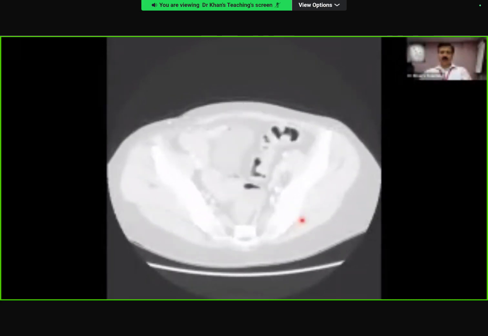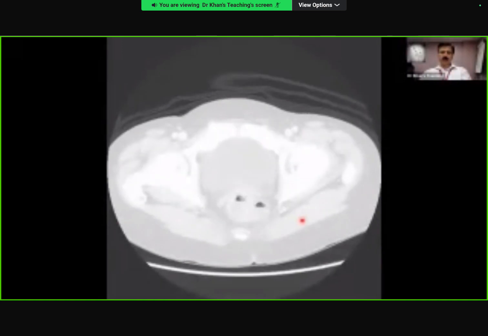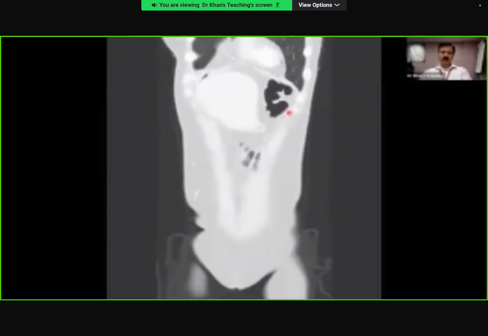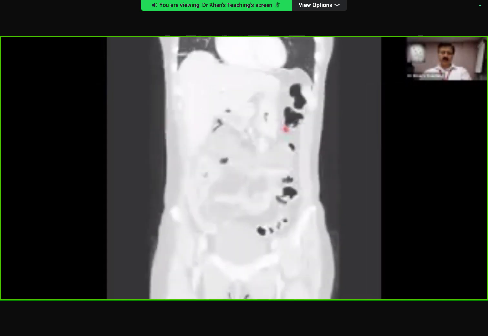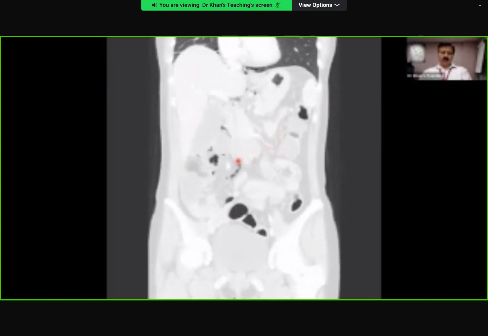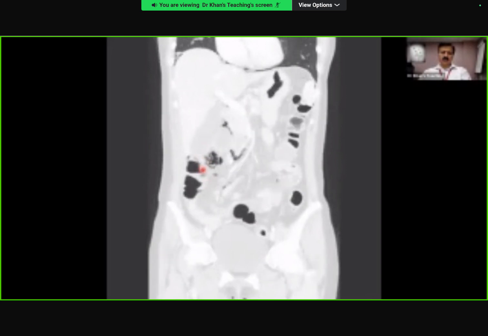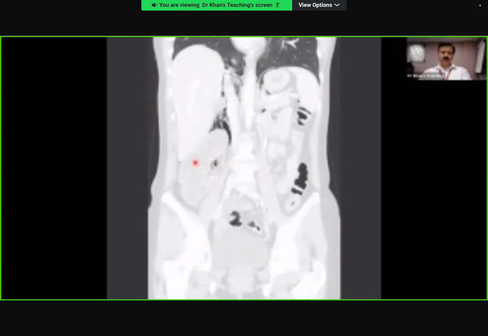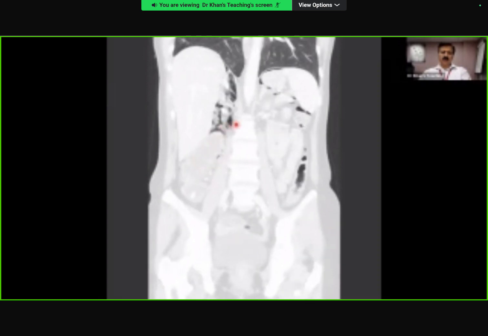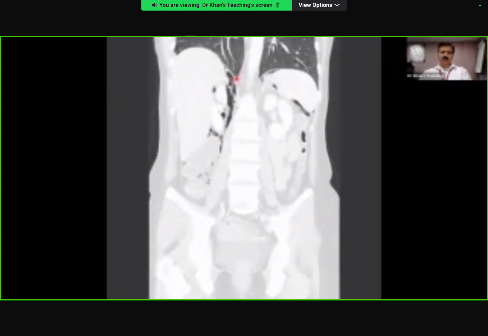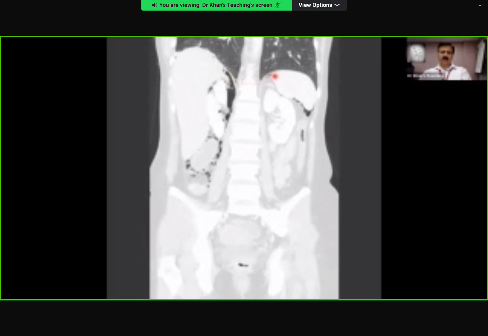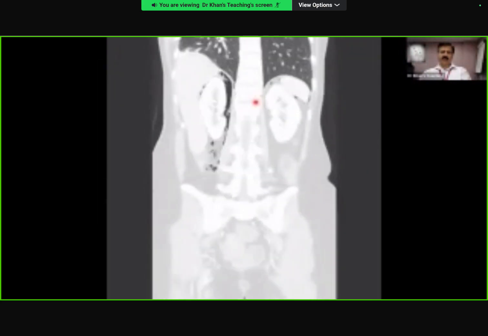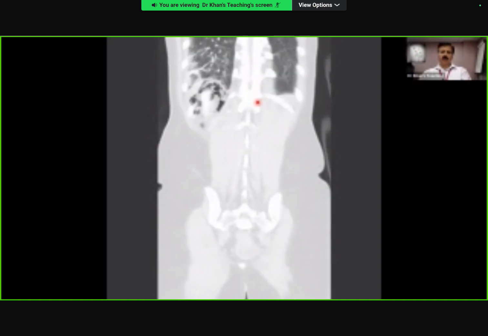So let's see the coronal of this one. And this is, of course, the colon, ascending colon, gas here. And then this was the leveling point under the diaphragm.